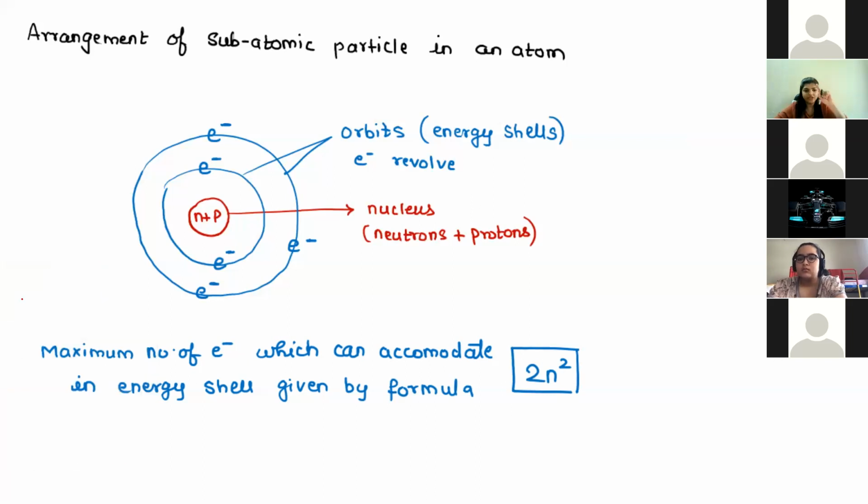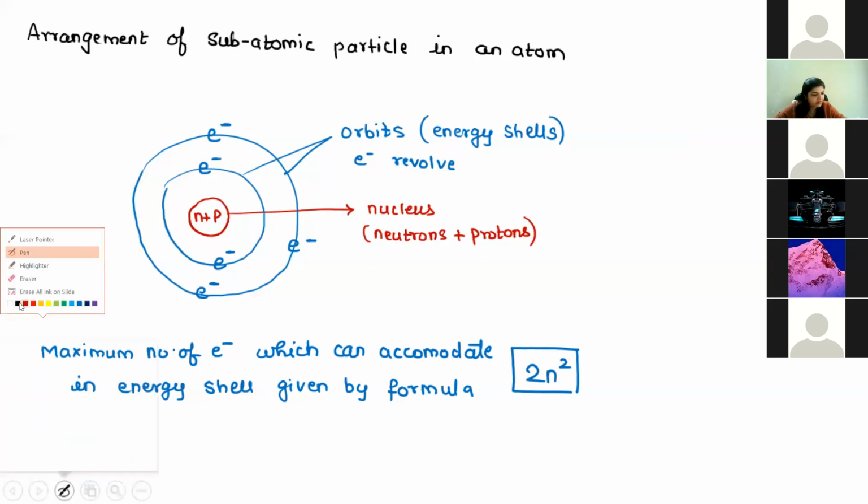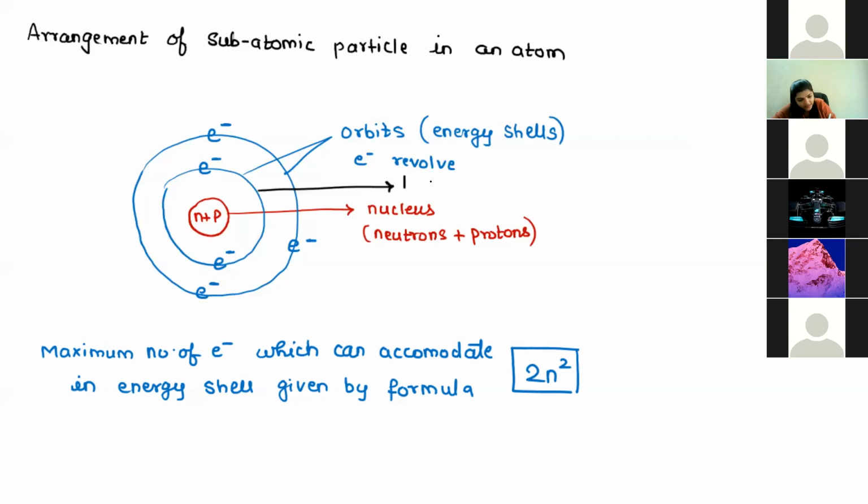Now my first shell, which is closer to the nucleus, is K shell. Can I say this K shell means it is the first orbit? And n is nothing but the orbit number. So it is the first orbit. I will substitute n equal to 1 in the formula.